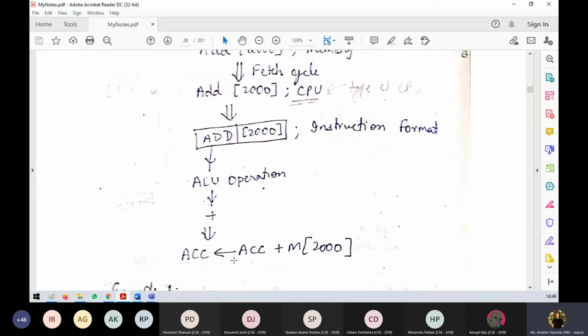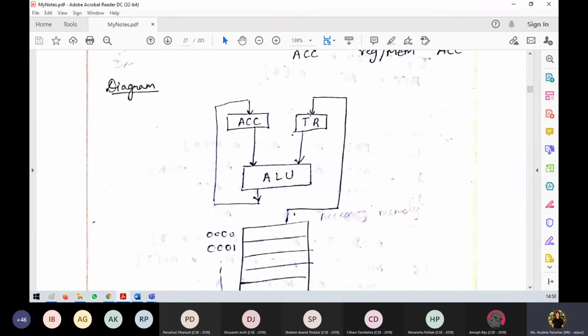That means one of the operands will be the accumulator and the other operand could be memory or register. If it is memory, we always show it with M. If it is a register, you just give the value. Why? Because the register would be a temporary register which will be directly fetched by the ALU, that means by the processor.